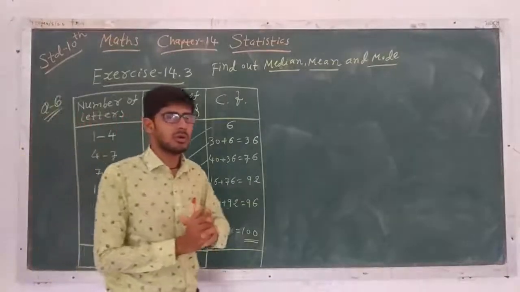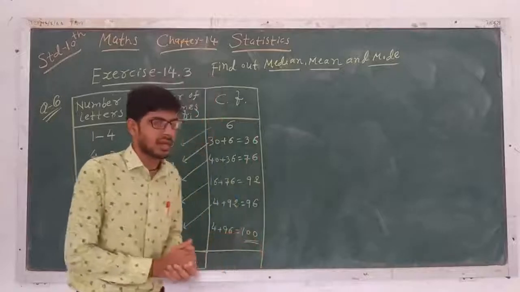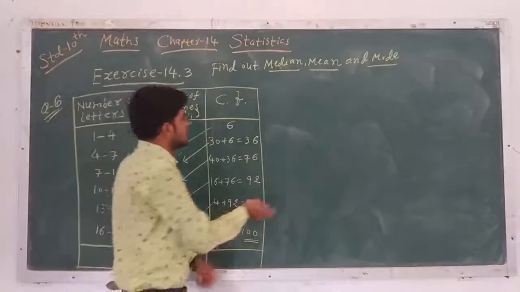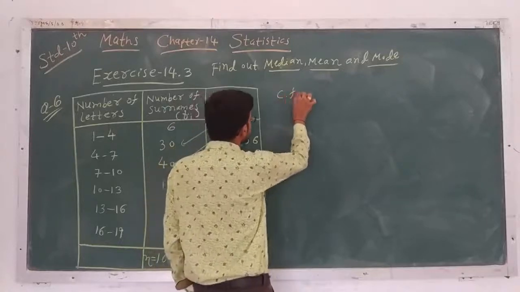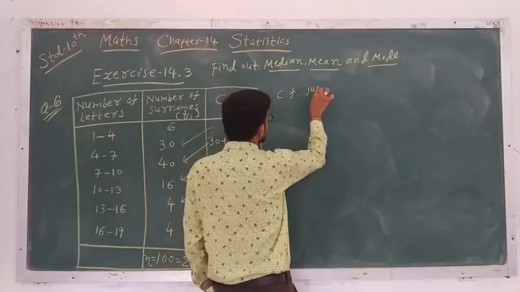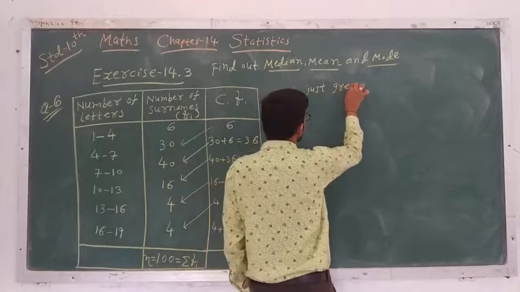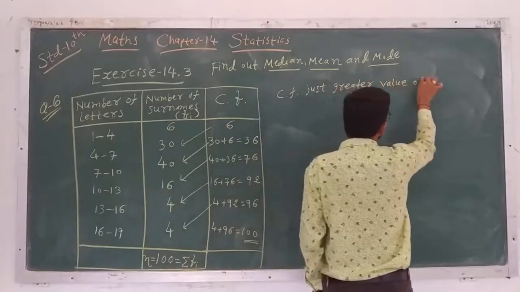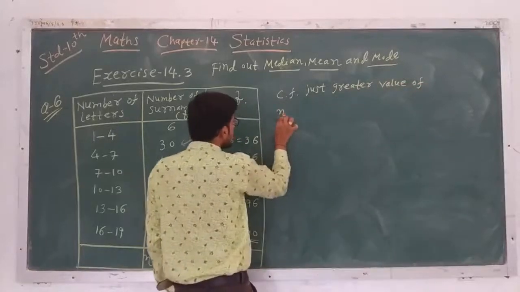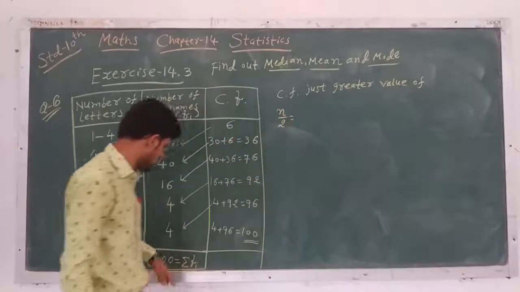How to find the median class? First of all we have to find out the value of n by 2, and then the CF just greater than the value of n by 2. Here the value of n is 100.